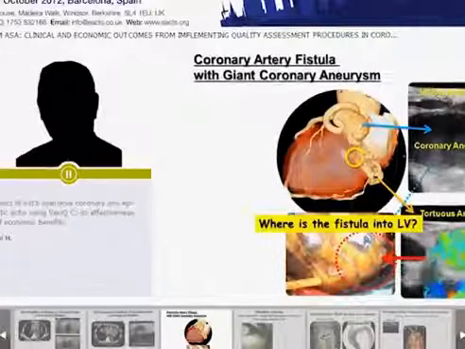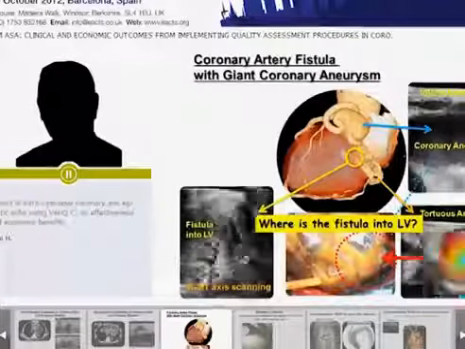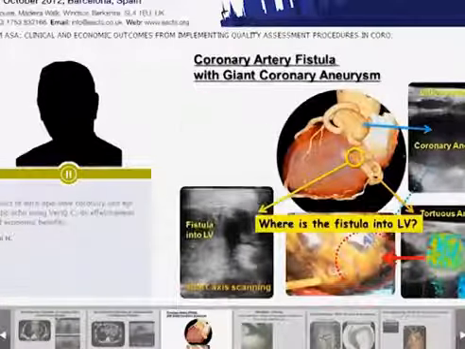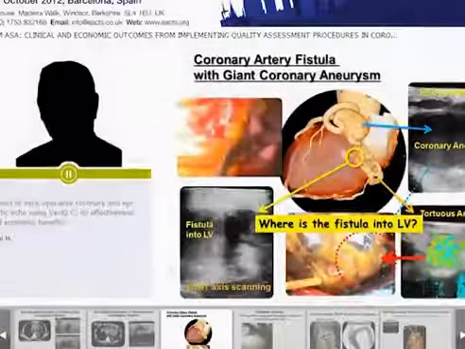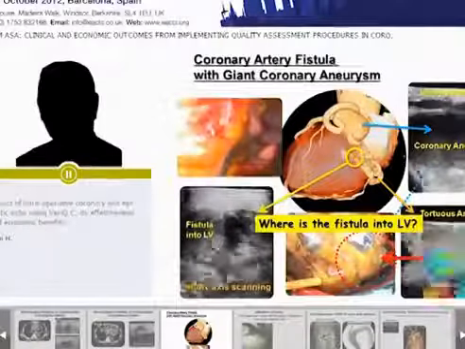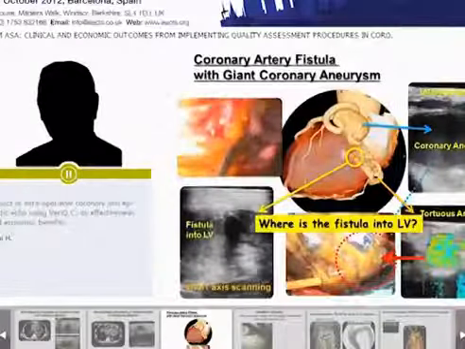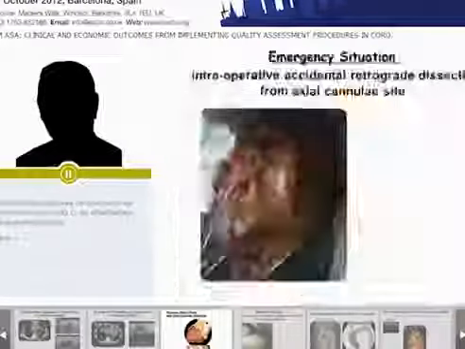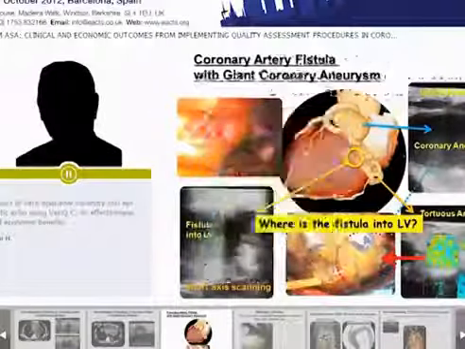Then I scanned it. Short axis scanning shows the exact position of the fistula. Finally, I could easily find it and ligated it, and the patient is okay.